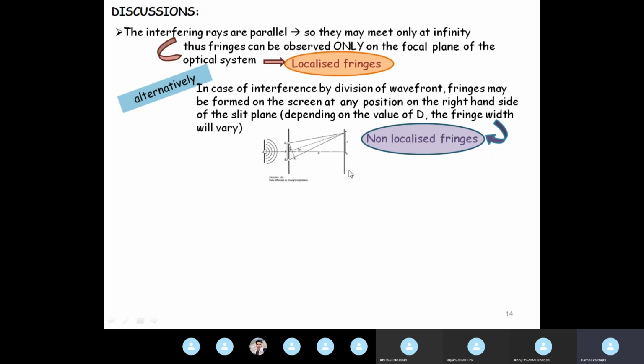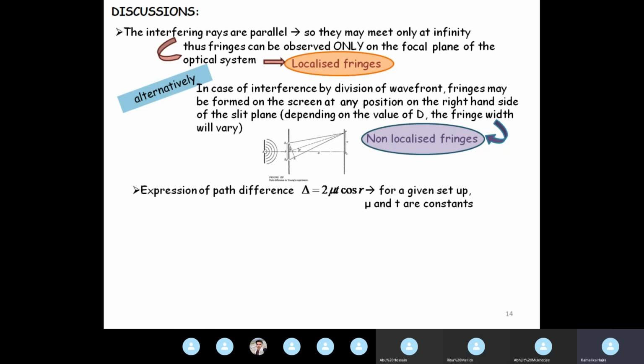But theoretically, the screen can be placed anywhere on the right hand side of the slits in order for the divided wavefronts to interfere, to superpose and produce the fringes. Therefore, they are non-localized fringes. All right, first point of discussion.